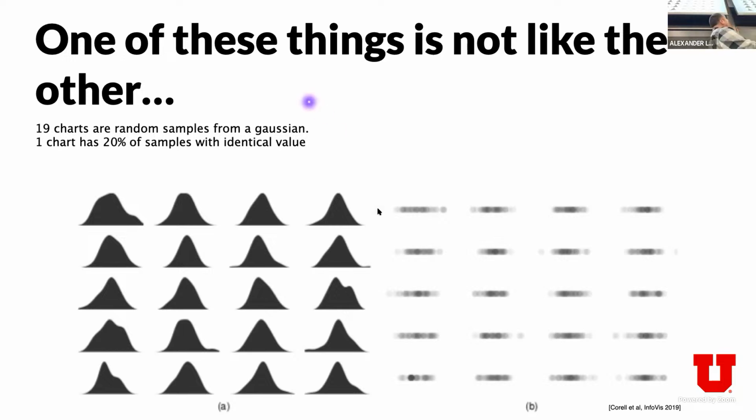Let's first look at these plots here. Is there one that stands out as odd to anybody? Which one? Middle left? Middle right. This one here? Yeah, that looks odd. Anybody else have any opinions?